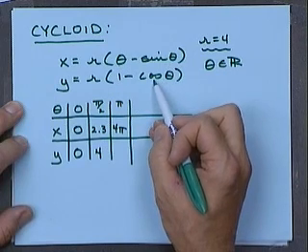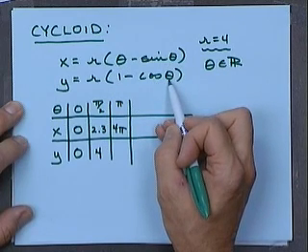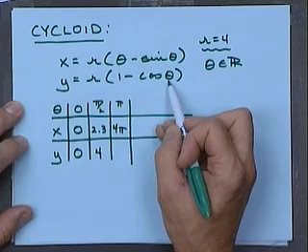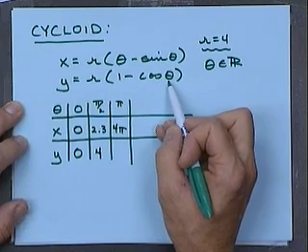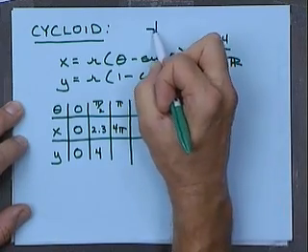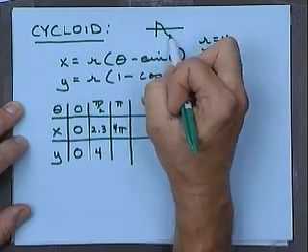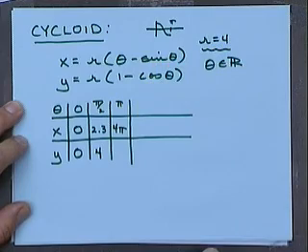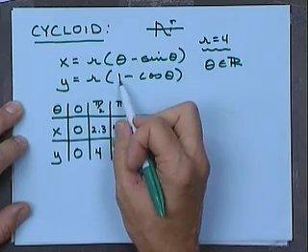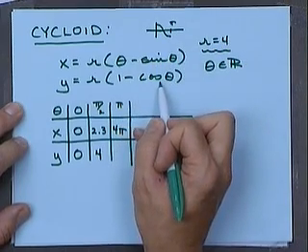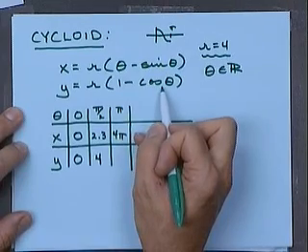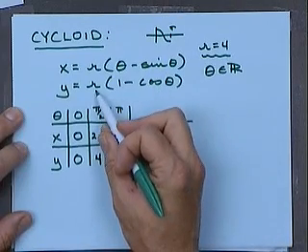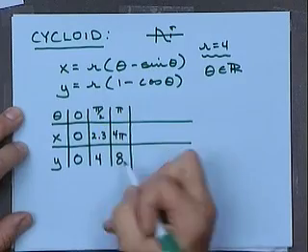And again, at pi, cosine of pi is -1, right? Get that mental picture going of cosine. There's where we're talking about, right? At pi. Kind of halfway through that process, we're down to -1. 1 minus -1 is 2 times r is, in this case, 8.